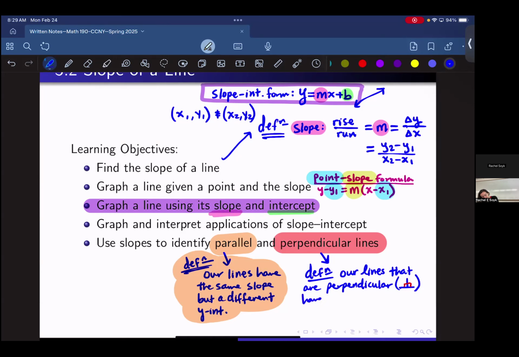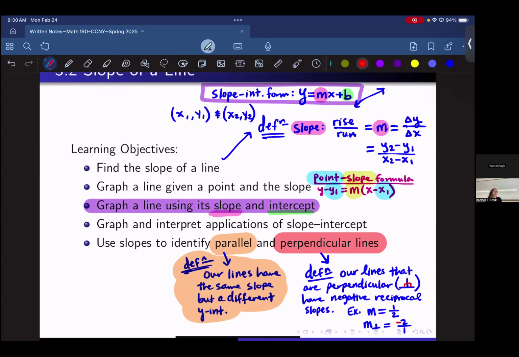Have negative reciprocal slopes. They could also have the same y-intercept here. I'll give you an example. Let's say you have a slope that is 1/2. What's the negative reciprocal of 1/2? Well, you flip it and then you multiply it by -1.